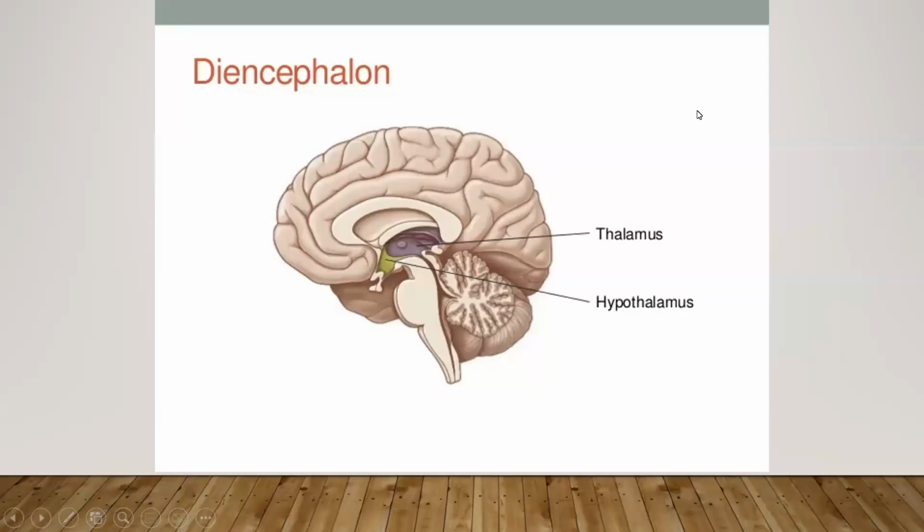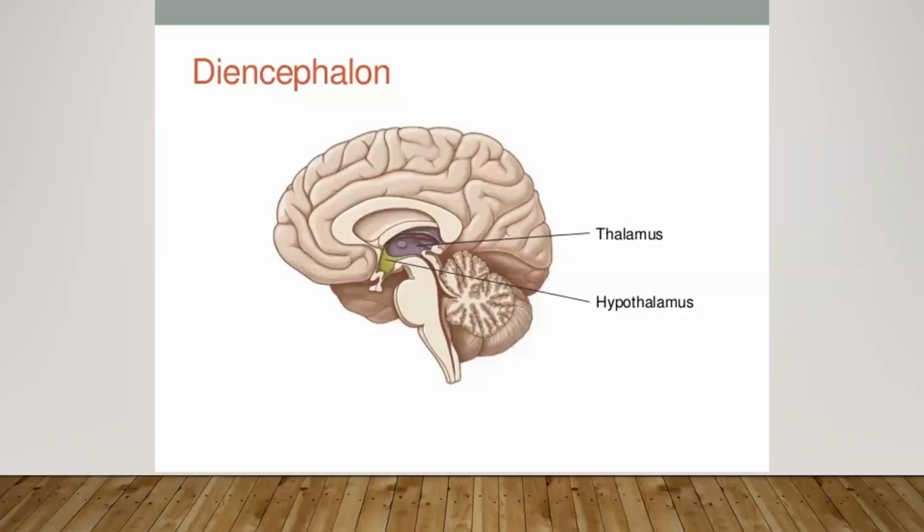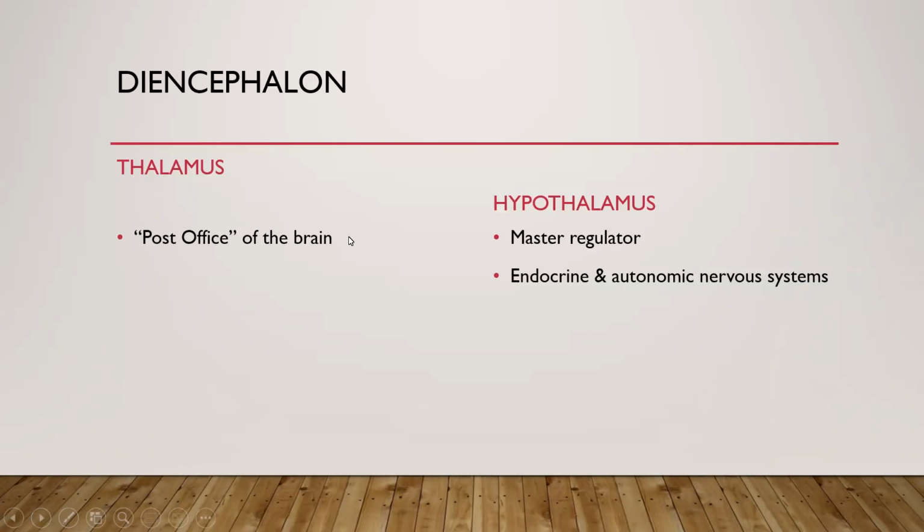The next part of the brain is the diencephalon. The diencephalon houses the thalamus and the hypothalamus. The thalamus is like the post office of our brain. It's like the relay center.